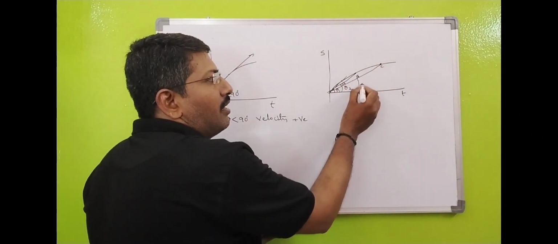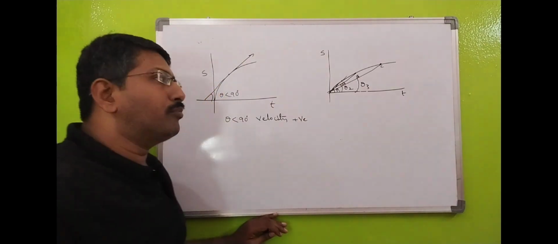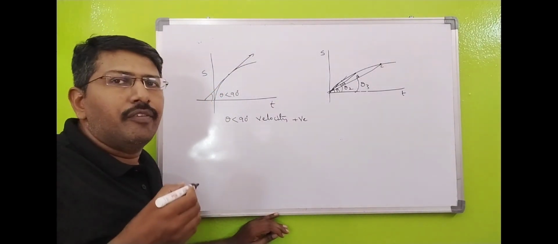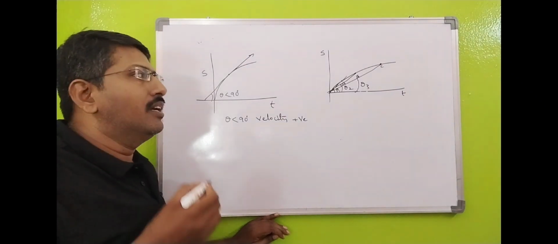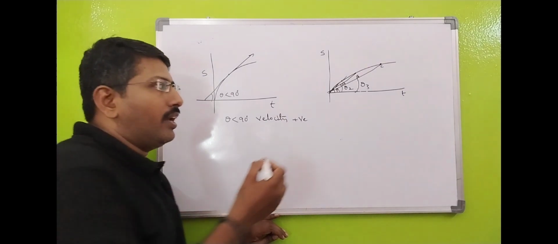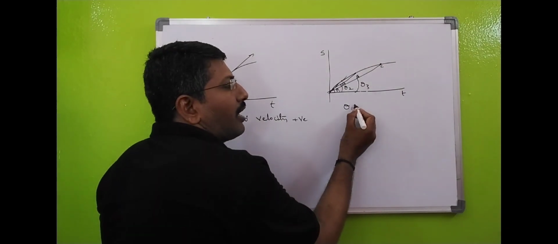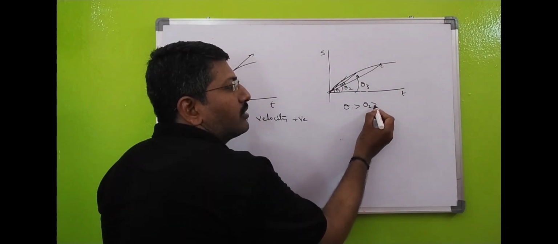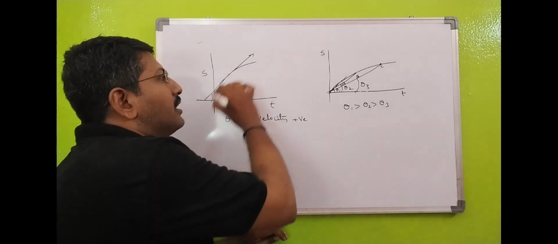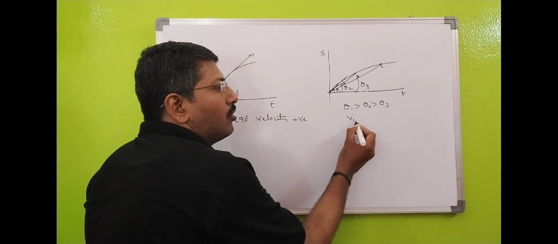If you observe, the theta value slowly decreases. If the theta value slowly decreases, that means velocity also decreases. So here theta 1 is greater than theta 2, which is greater than theta 3. At the same time, in this graph, velocity also slowly decreases.